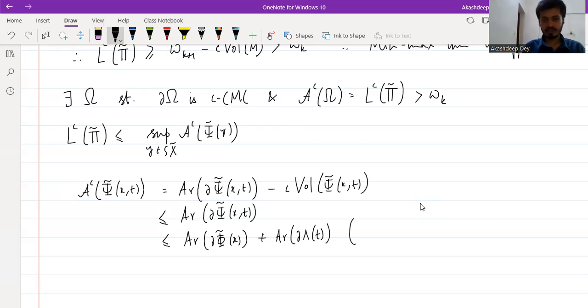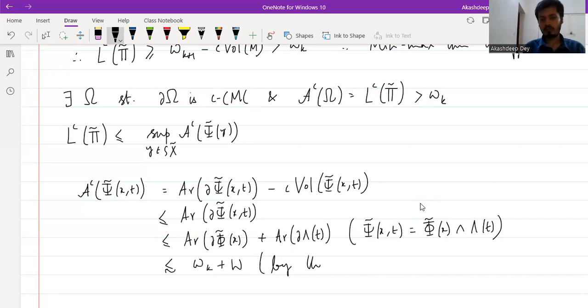So this follows from the definition of psi tilde. So I'm just going to write here, psi tilde (x, t) is equal to phi tilde x intersection lambda t. And now this is approximately less than or equal to omega_k plus w by the choice of the maps phi and lambda.